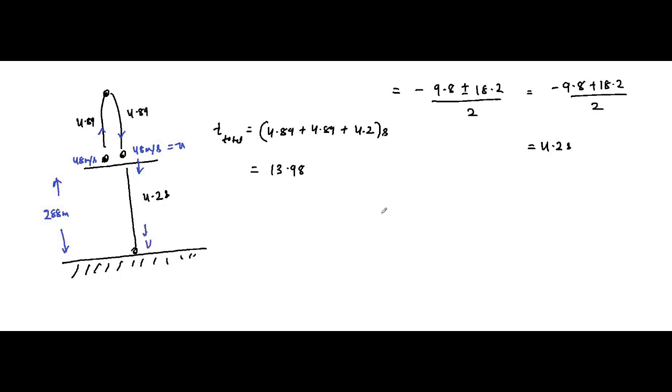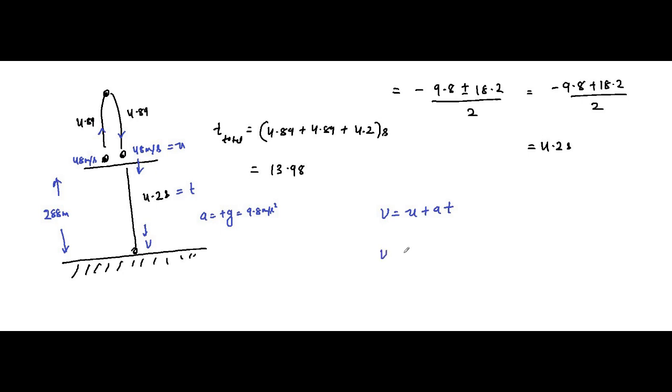For that we'll be using v is equal to u plus at. Here t will be equal to 4.2 seconds, and a will be equal to plus g, which is 9.8 meters per second square, because the motion is downward and acceleration due to gravity is also downward, so it will be plus.